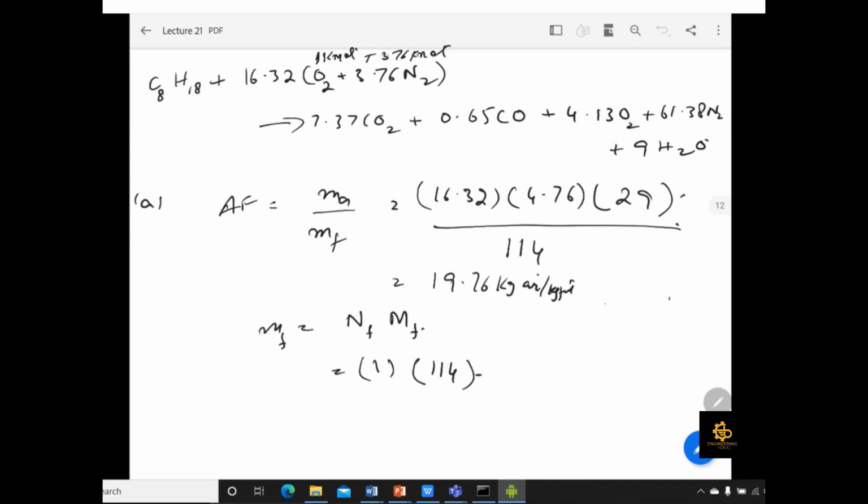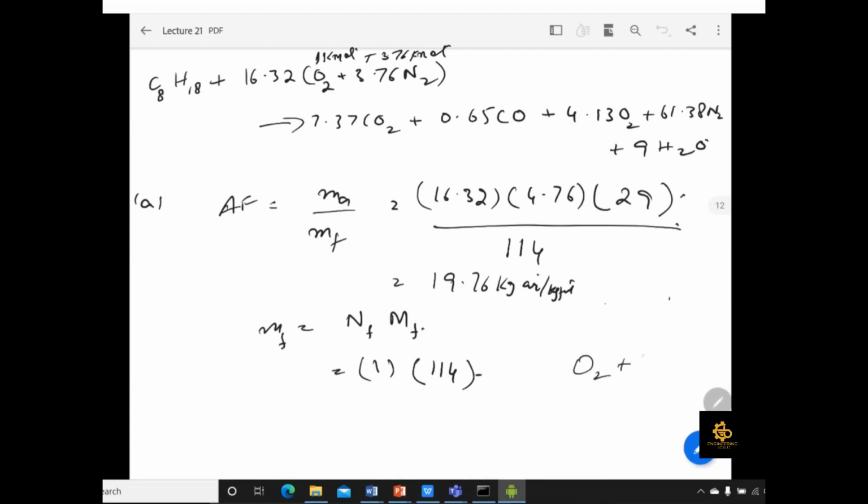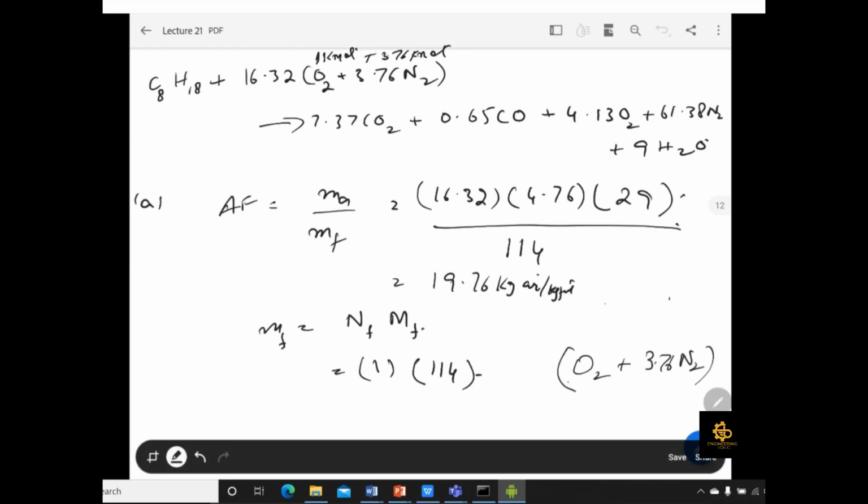So you have to add 1 plus 3.76, so it will be 4.76. This is the standard form of air. Whenever we say that in the combustion process we supply air, you directly say that it will be 1 kilomole of O2 plus 3.76 kilomole of N2. We already discussed this in the first slide of this lecture. So this is equal to the dry air.